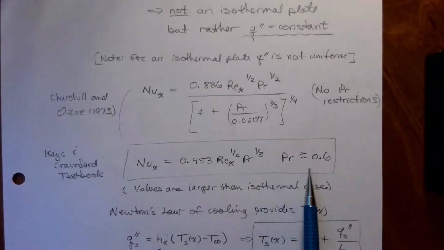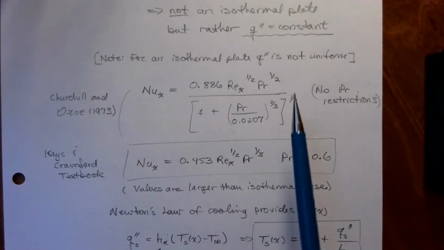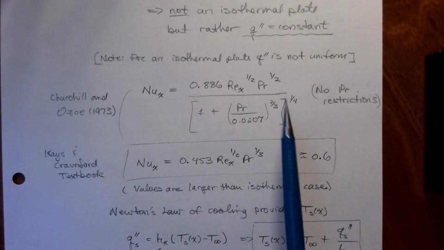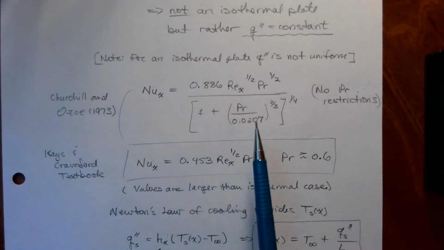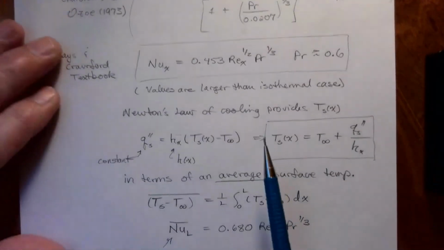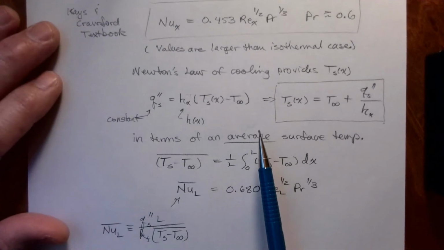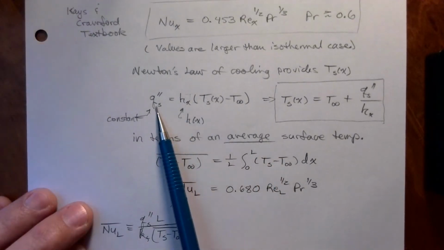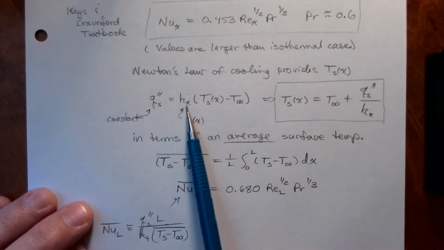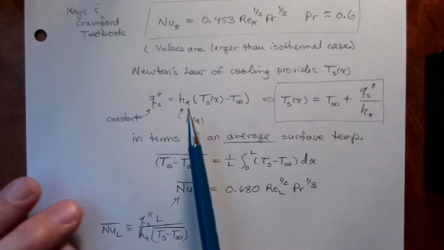This is valid for Prandtl numbers greater than 0.6. Here's another one I found in another textbook, with no Prandtl number restrictions, that applies for a constant heat flux. The thing to remember for a constant heat flux situation is that this Q double prime is constant, but remember H is still not constant.